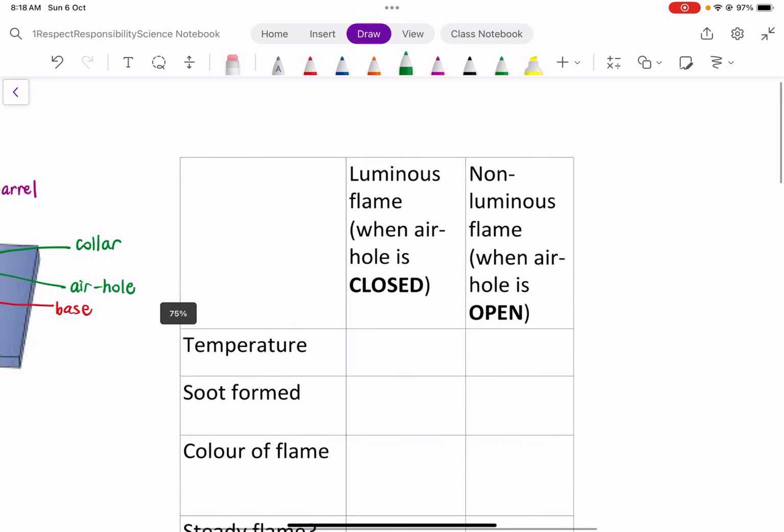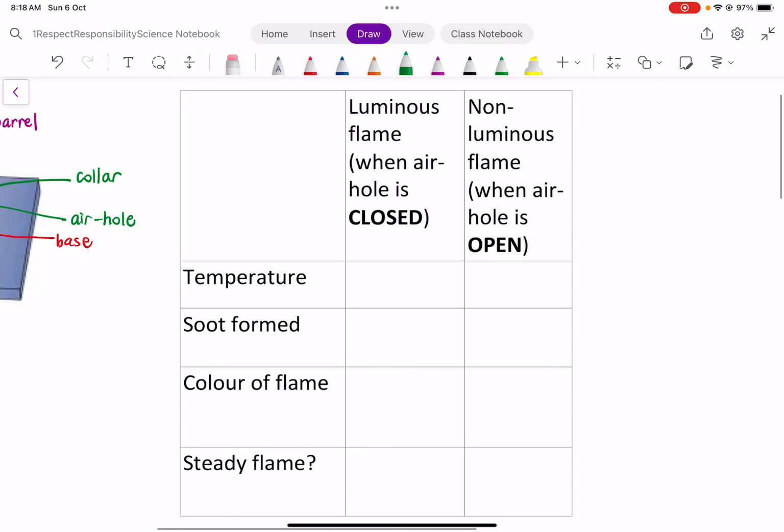Now, the two flames are known as luminous flames if the air hole is closed. So closed has an L in it. Closed, luminous flame. On the other hand, if the air hole is open, it's non-luminous. Now what is the difference between closing and opening the air hole?